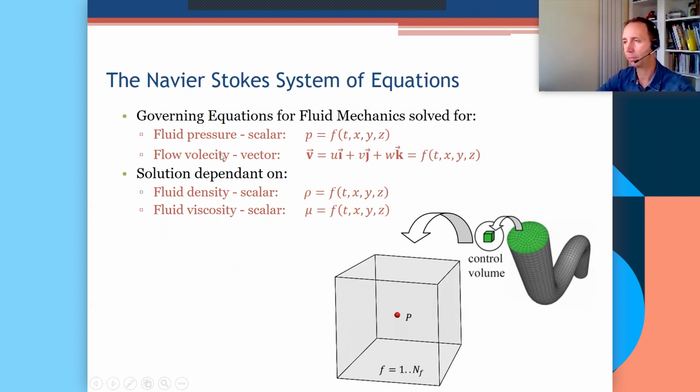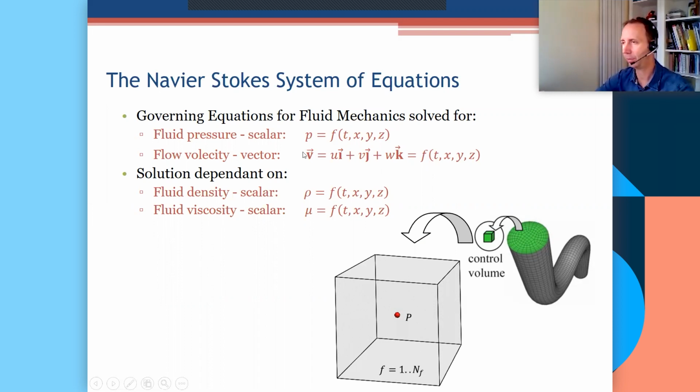The velocity, the flow velocity, that is the speed at which it moves, is not a scalar anymore because, well, the speed is, but if you're interested in the velocity, you're interested not only in the magnitude of the speed, but also the direction of that displacement. So when you combine speed, which is the magnitude of the velocity, with direction, you get what we call a vector.